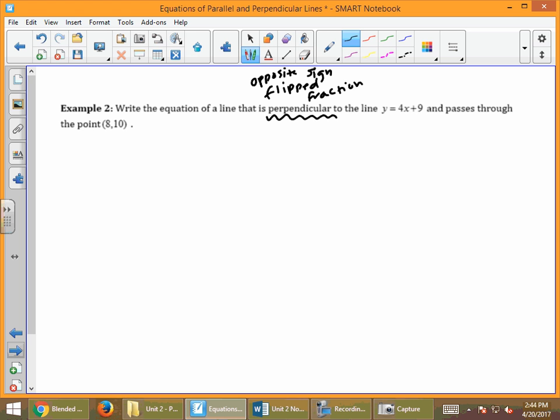So we're writing an equation in the form y equals mx plus b. In order to write the equation of that line, we need two things. We need our m, which is our slope, and our b. Okay? We always are going to find our slope by using the given line. We're going to take the slope of the given line, so in this case our slope is 4, because that's the number in front of the x.